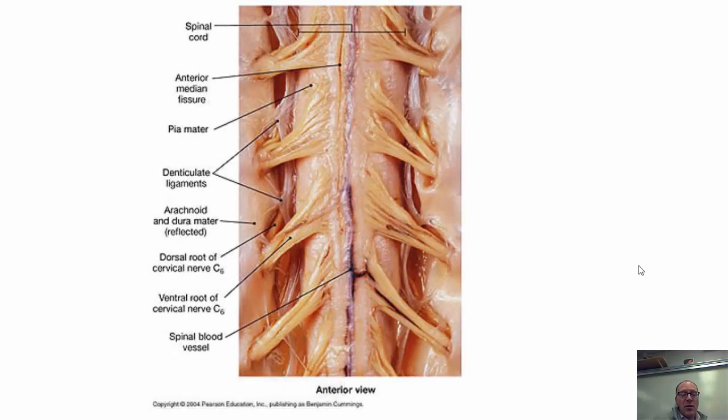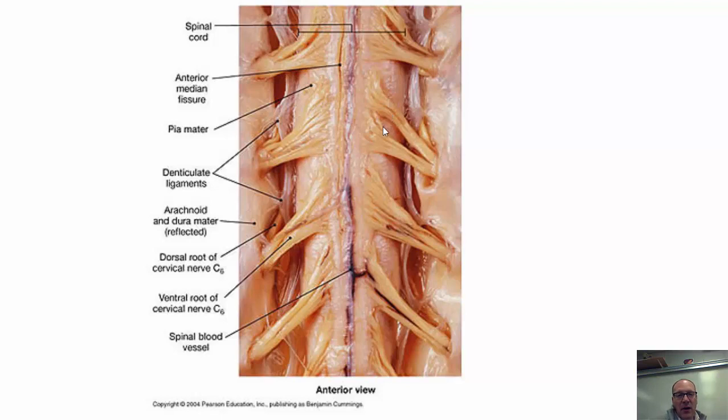This is another view of the spinal cord, but this is anterior, as you can see down at the bottom of the screen. So this would be the cervical area of the spinal cord. You can see that these are the rootlets that are emanating from the anterior of the spinal cord.